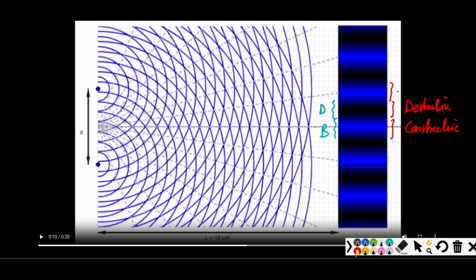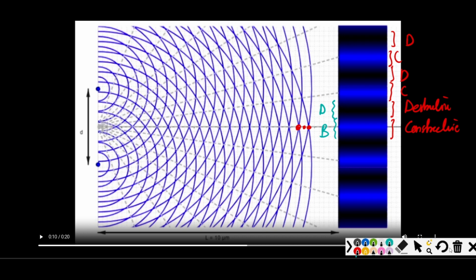And so on: constructive, then destructive, then constructive, then destructive. We can see that over here as well in the waves, that two crests are meeting to make a constructive interference, and over here, two troughs are meeting to make constructive interference. Notice that constructive interference happens for both crest and trough. It doesn't matter.